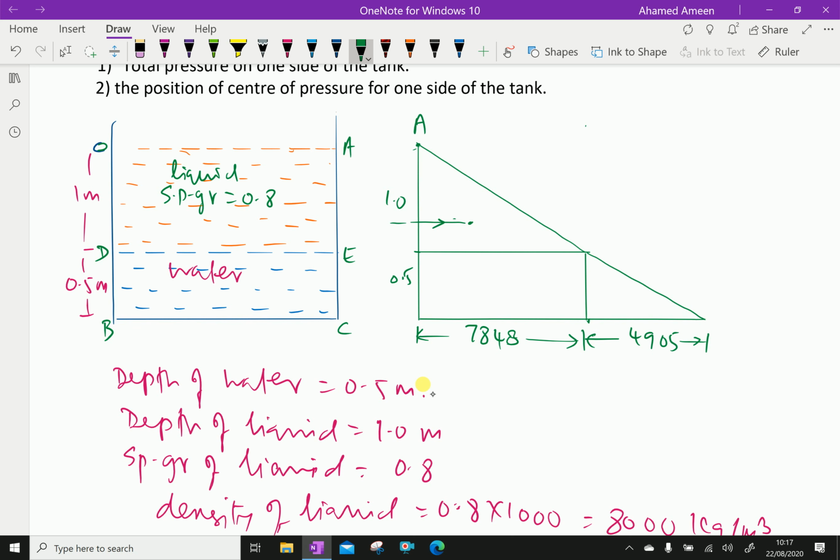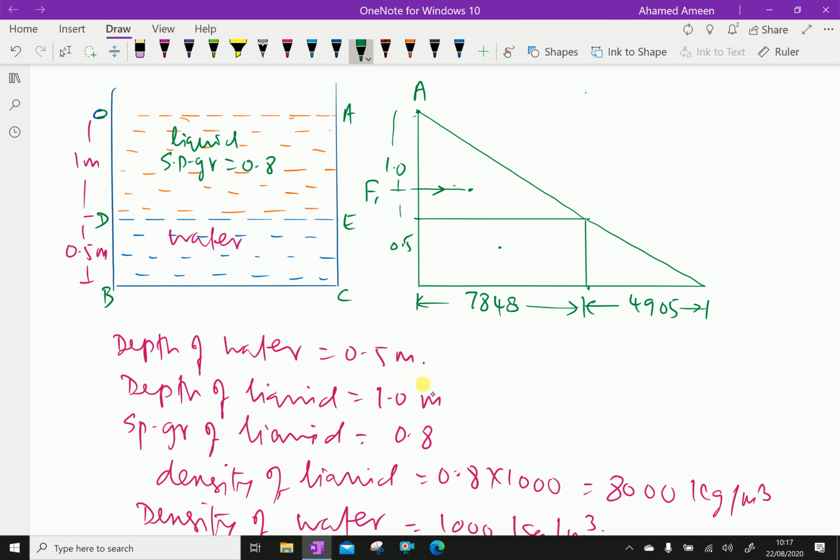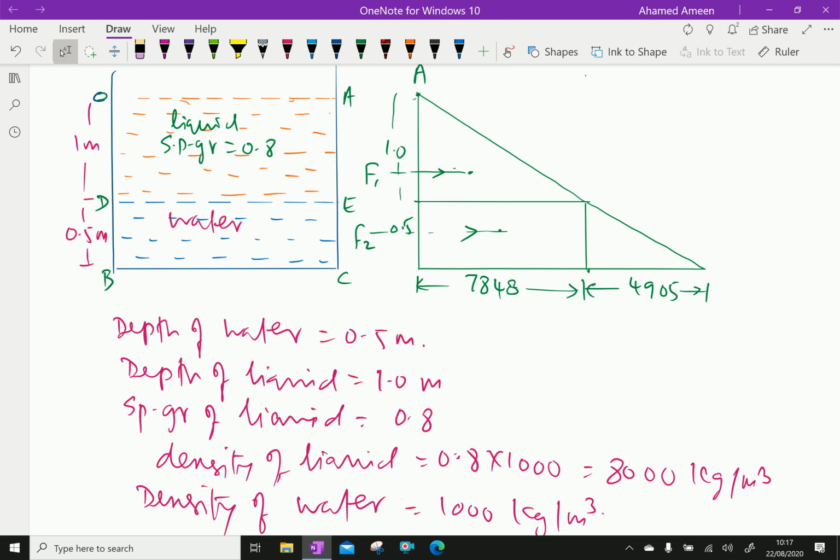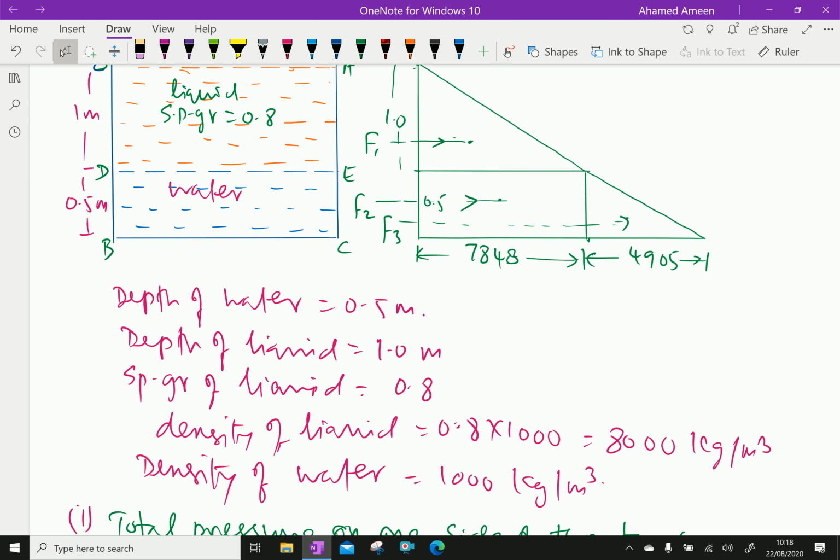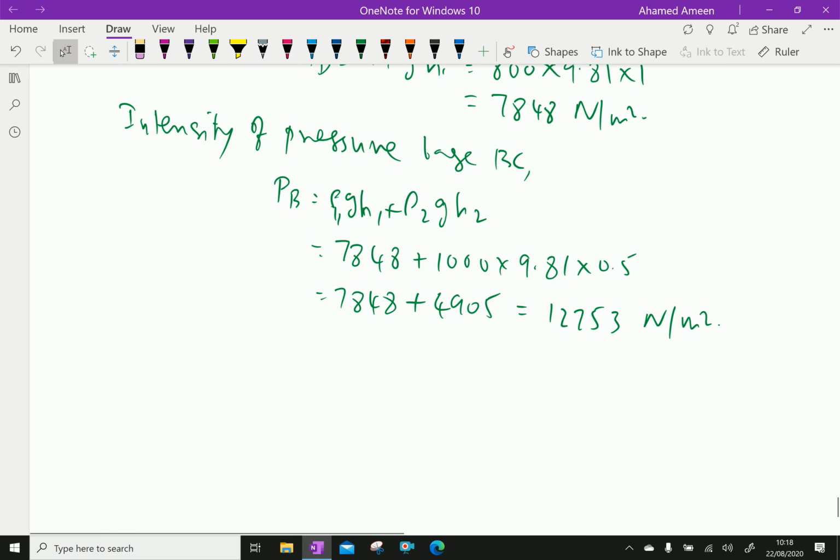For the rectangle, the middle of this one is F2, and for the triangle, another 2/3, the force acts like this, F3. So we have to calculate each force, F1, F2, F3, from the diagram.